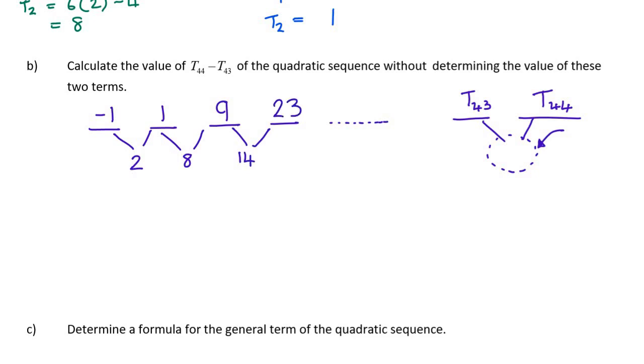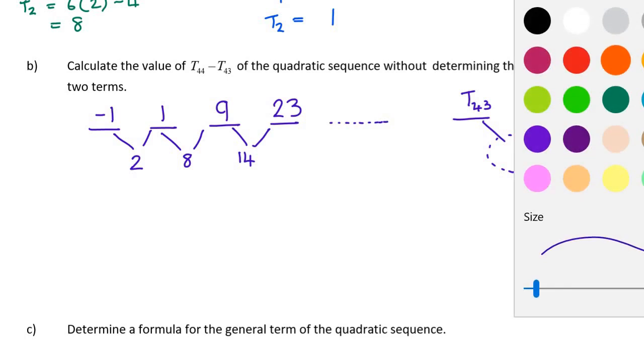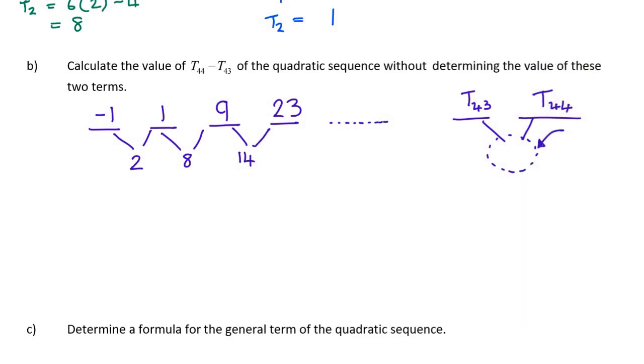And now I could try and keep on going until term number 44 and term number 43, but that would be a bit ridiculous. It also says without determining the value of these two terms in the question. So there should be a way for me to figure this out. Now, what is that way? This number here, this is T1 of the linear sequence. And what is it equal to?